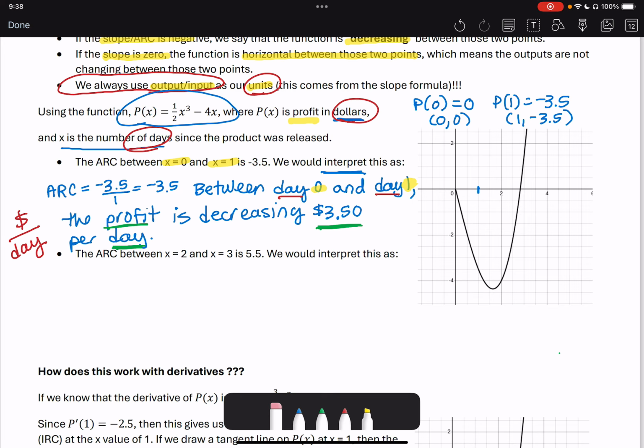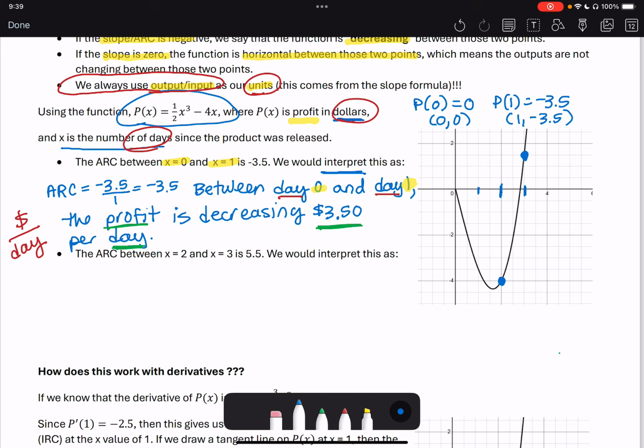So I'm going to look at, here's 2, obviously, and there's the point on the function that goes with input value of 2. And then my input value of 3, I'm sorry, I keep saying that wrong. Here's 3 right there. And if I go up to the function, it's hitting about there.